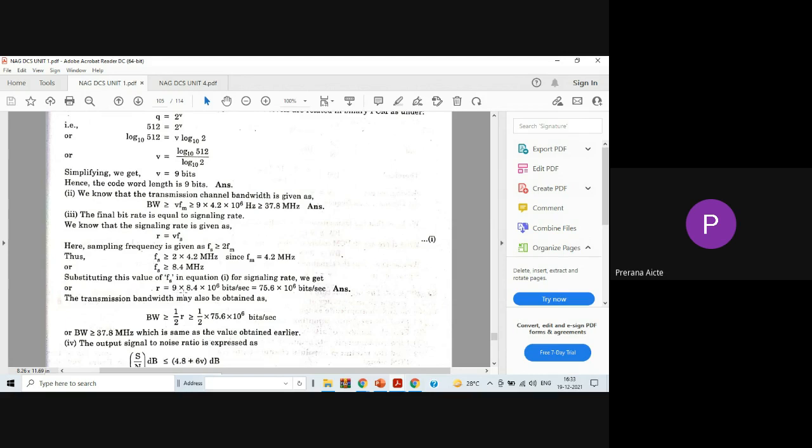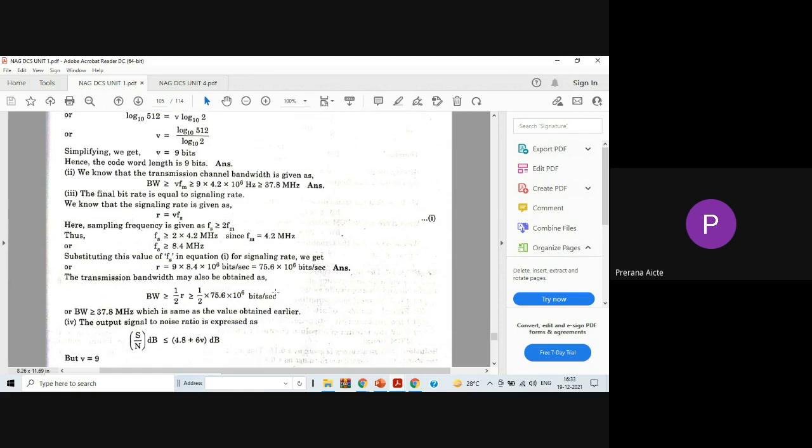V is 9, Fs is 8.4 megahertz, so we can get the signaling rate as 75.6 into 10 power 6 bits per second. That is 75 megabits per second.